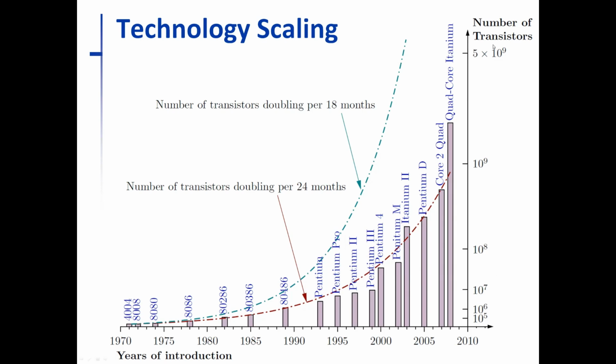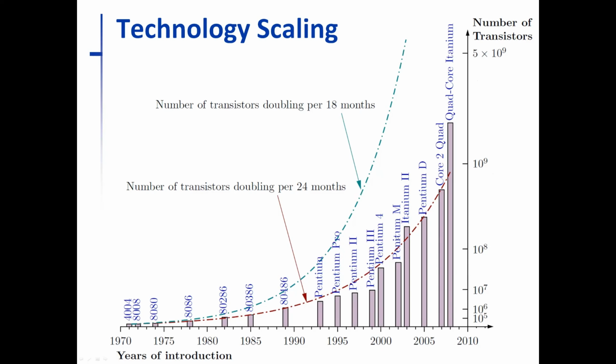The vertical axis shows the number of transistors in these chips. At the bottom you can see 10 to the power 5, 10 to the power 6, that is a million transistors, 10 to the power 7 and so on, and 10 to the power 9 means a billion transistors, and it continues. The horizontal axis is time from 1970 to 2010.